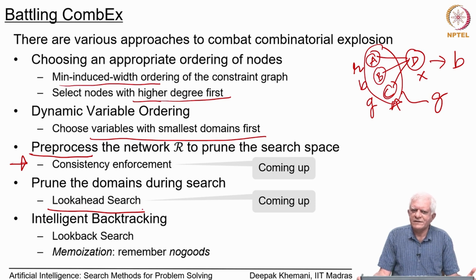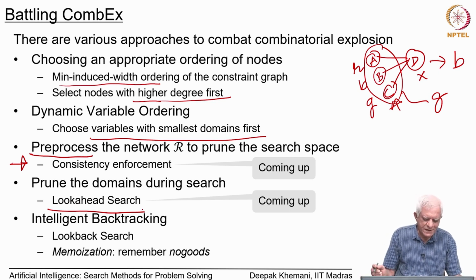But that may not be very effective, and the reason for that could be that the inconsistency for the ith node is not caused by the I minus first node, but by a node which came much earlier. So, intelligent backtracking would say okay, go back and change the value of that node. We will not have time to go through this in this course, but we will come back to this and make a passing mention of it.